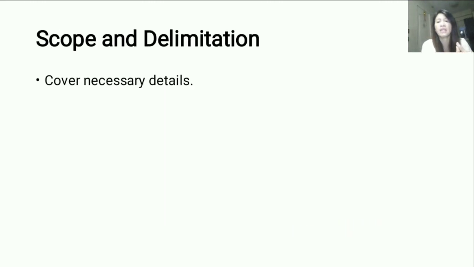Next component is the scope and delimitation. In here, you provide details about how you will limit selection of respondents or cover certain areas and other necessary details. So scope and delimitation normally answers the WH questions: what, where, when, and the likes.